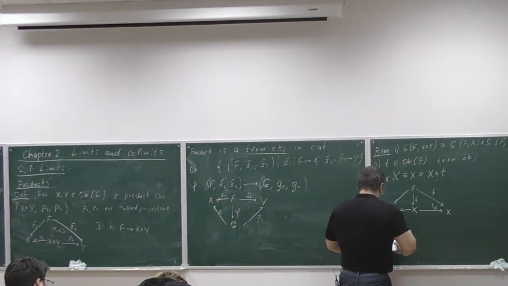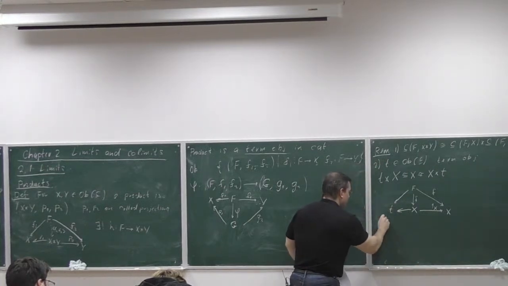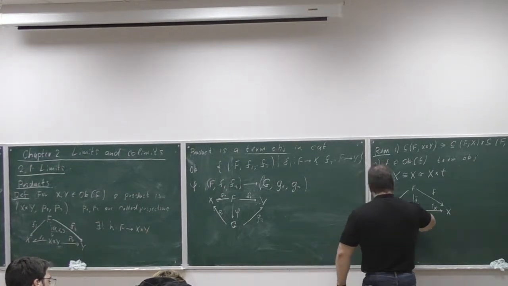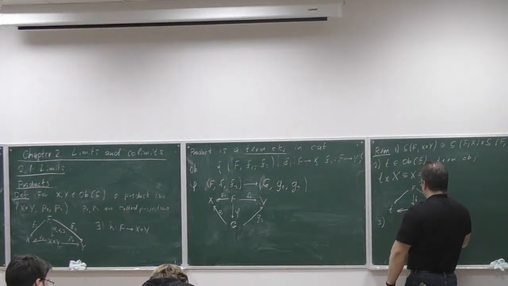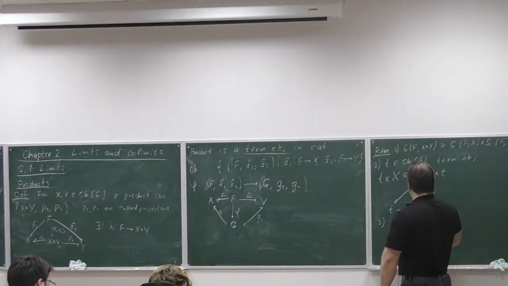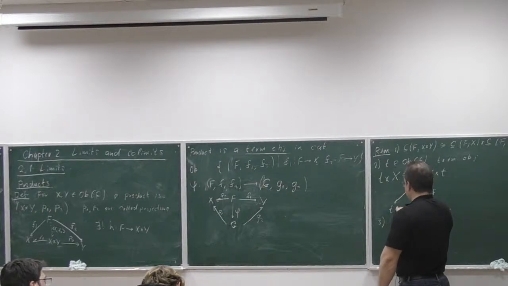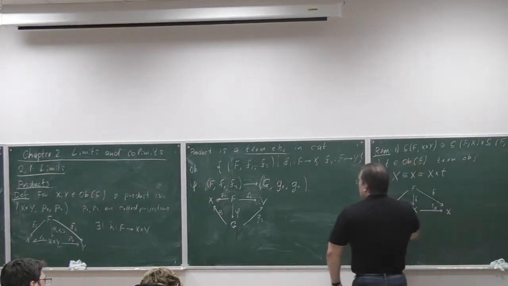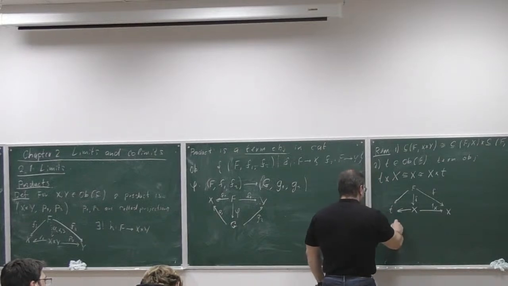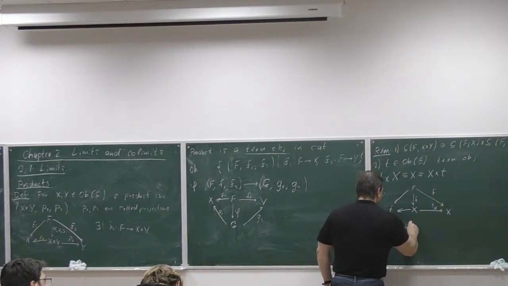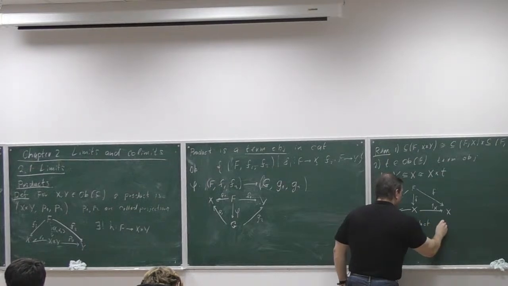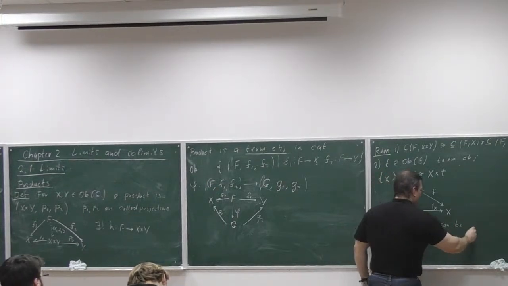Okay, some other remarks, maybe 3. This is the terminal object. There is a unique map from any F to T. So the product can be generalized.